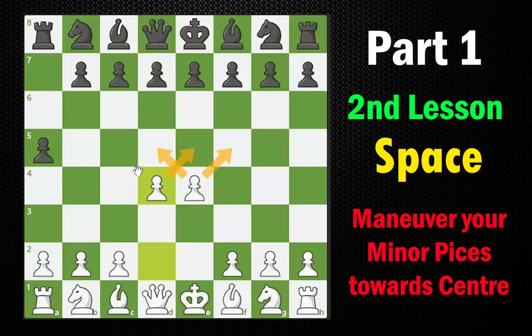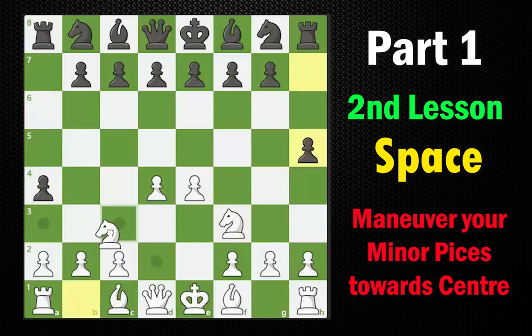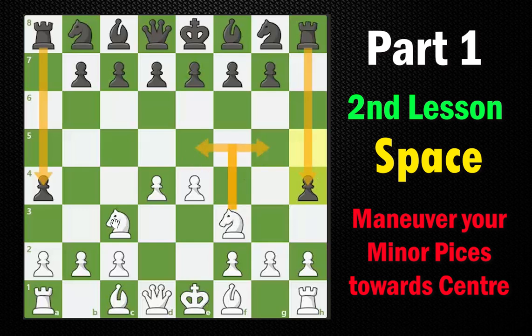They're controlling all of these 4 important squares. Then what you can do is bring your knight out, bring your other knight out. And look at that. Black is just pushing these pawns, which is doing nothing, and you will have a strong center.